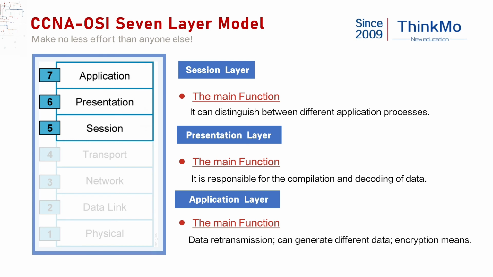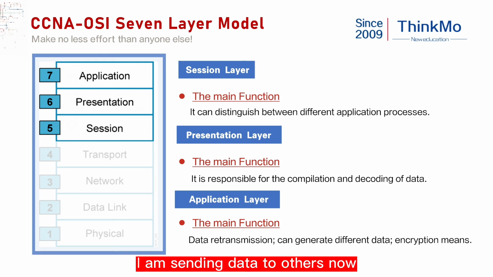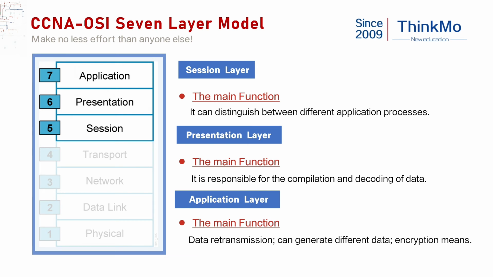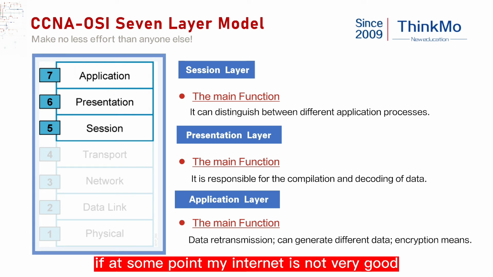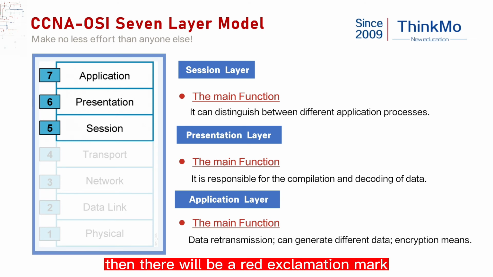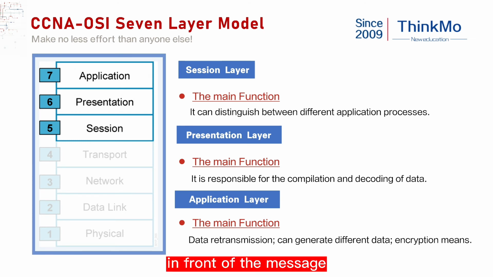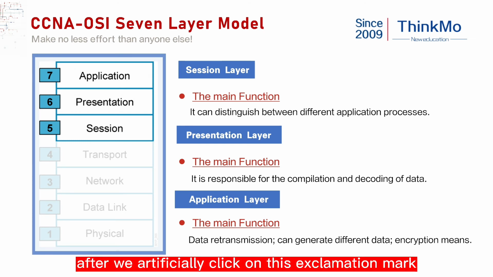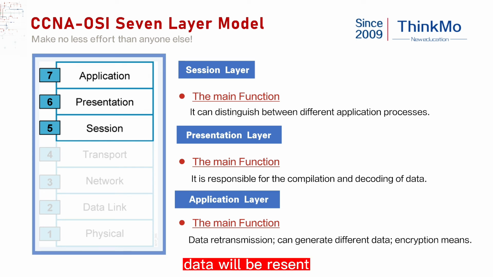For example, we are now in a WeChat chat box and I am sending data to others. If at some point my internet is not very good, there will be a red exclamation mark in front of the message. After we manually click on this exclamation mark, the data will be resent.